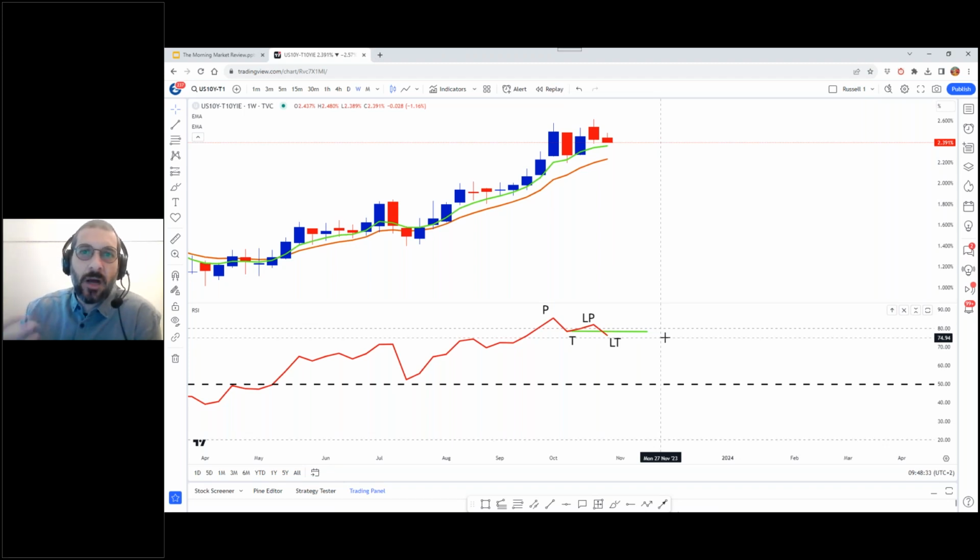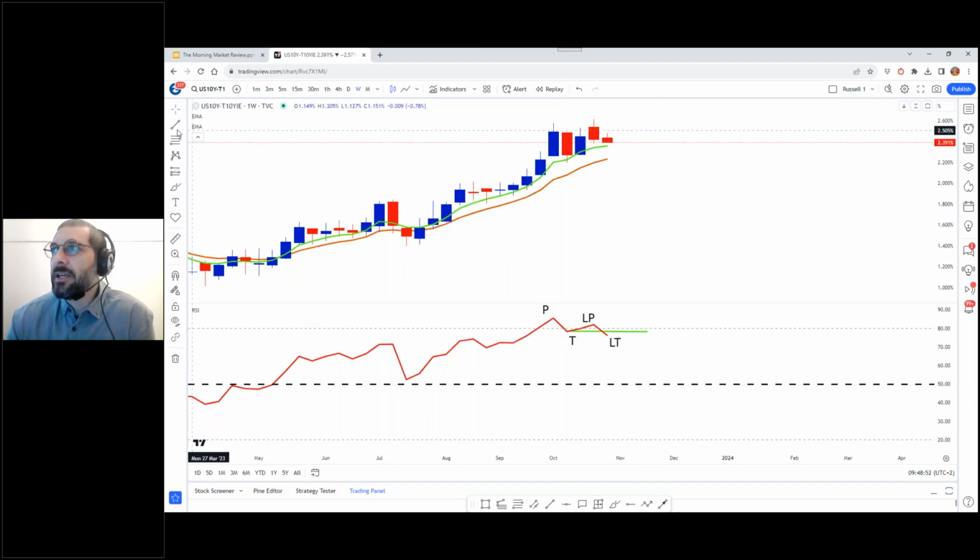And we've been mentioning this for quite some time now, in that, well, how high can the real yield actually go from here? And I'm of the opinion we must be pretty close to the apex. If we haven't hit the apex, we must be pretty close to the apex. And the real yield over the last 5 weeks, guess what? It's sort of moving sideways.